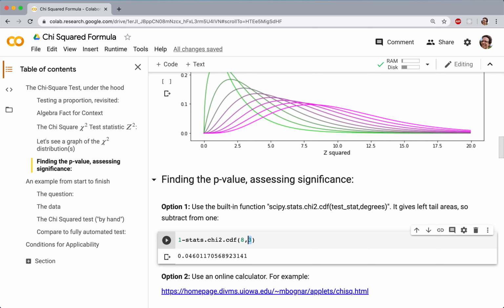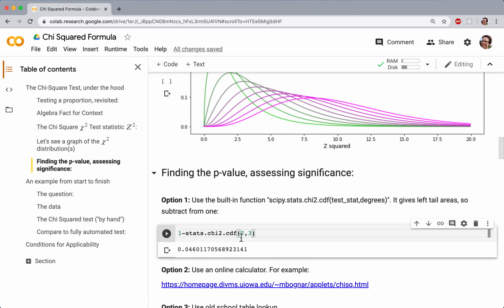We would plug in the degrees of freedom here, and the calculated test statistic from there, and we would get the left tail area, and then we would subtract from 1 because what we actually wanted was the right tail area. So if you're working within Colab, that is absolutely the simplest way to get the right tail area, which calculates the p-value for the chi-squared test.